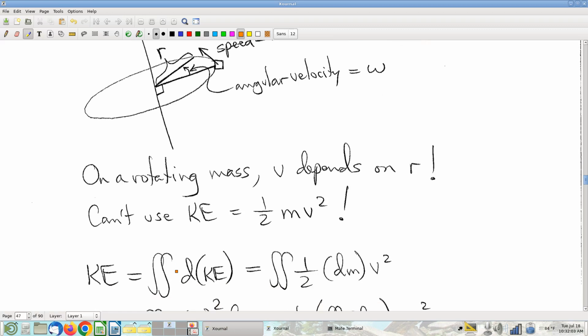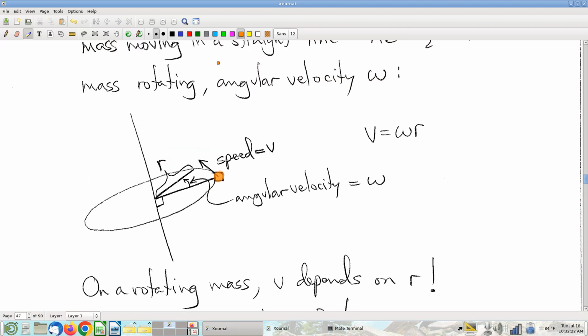So what we're going to do is just like we did before. We're going to look at one little piece at a time. Let's ask how much kinetic energy is in that one little piece. That one little piece has a pretty well-defined distance from the axis, so I can talk about its speed pretty straight up. An old geometry formula, by the way, is that the actual velocity is proportional to radius, the relationship being angular velocity.